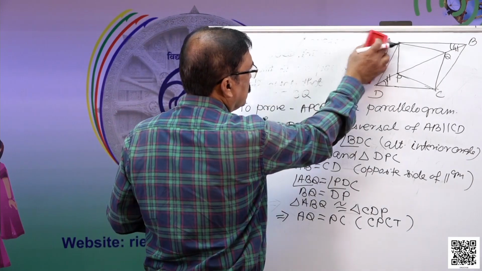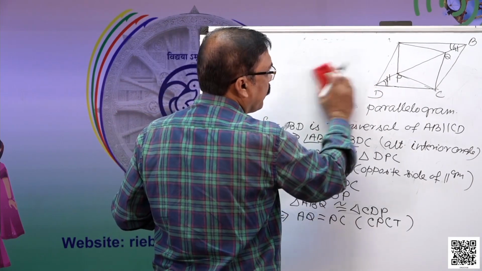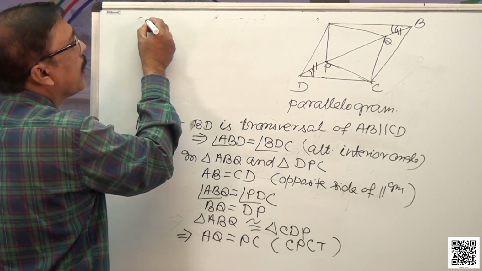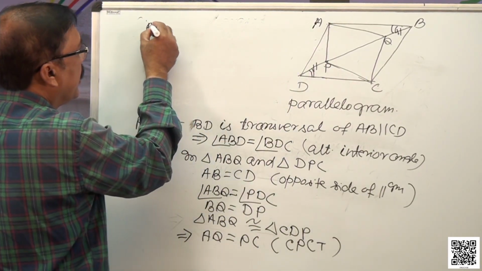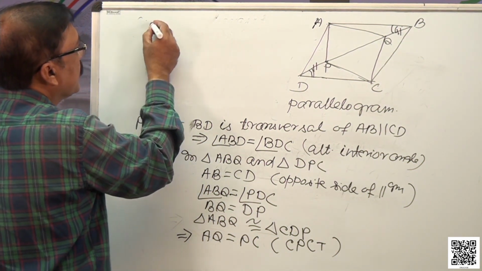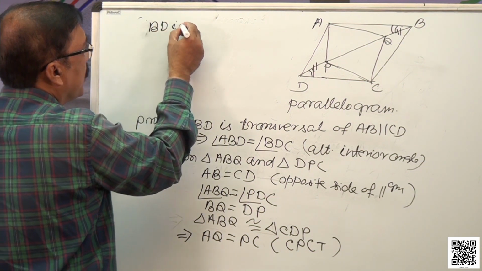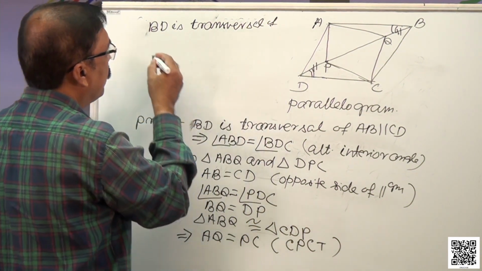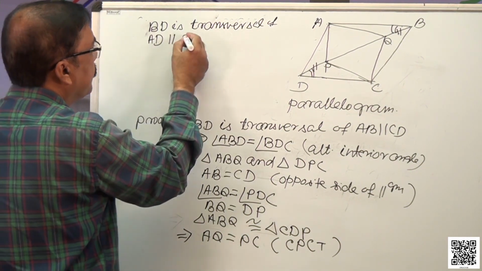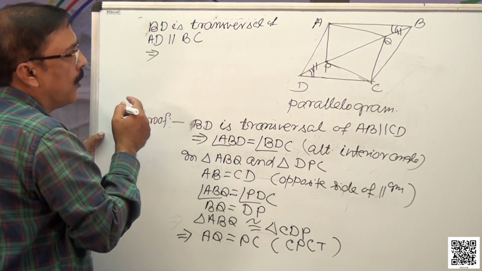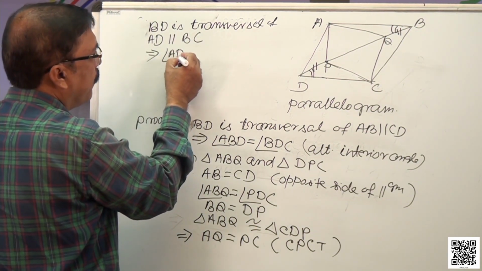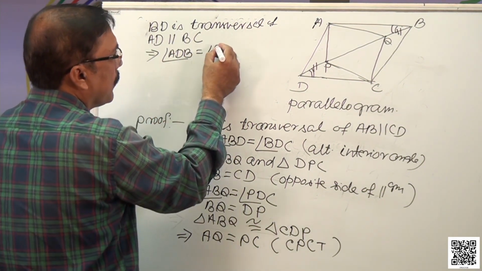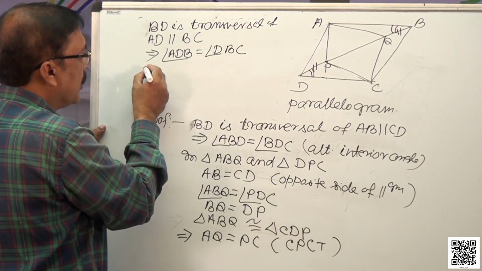Now, in similar manner, we can prove that, for AD, the transversal is BD, so BD is transversal of AD parallel BC. So angle ADB is equal to angle DBC.